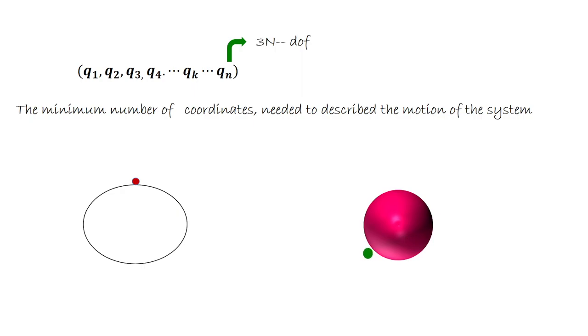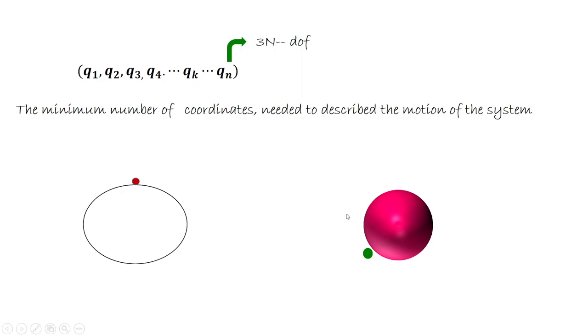So we need two generalized coordinates to describe this system. The first one is theta, the first generalized coordinate, and the second one is phi. So we need two generalized coordinates to describe this type of system.